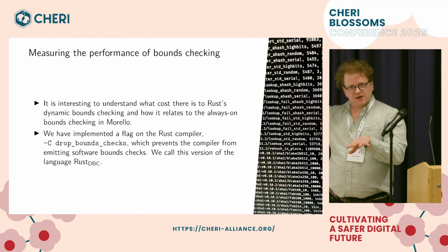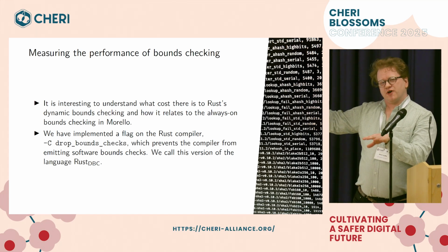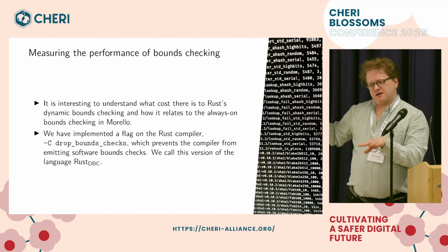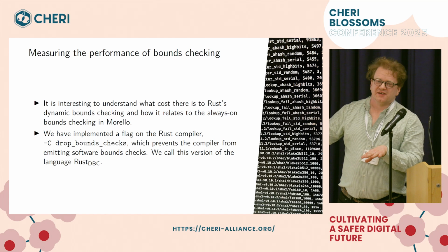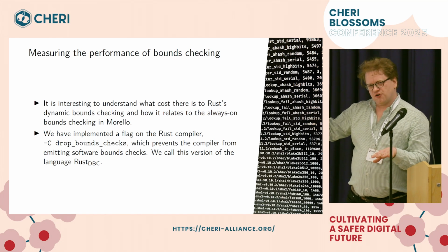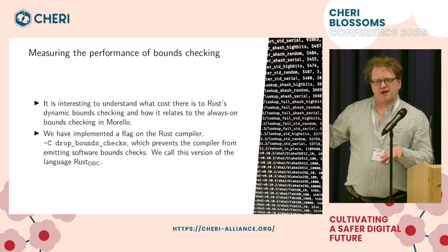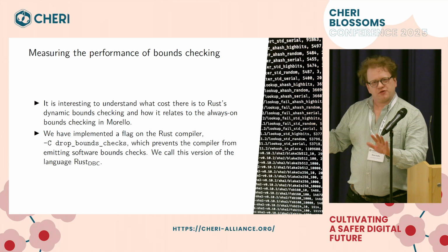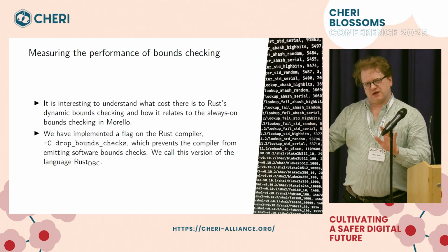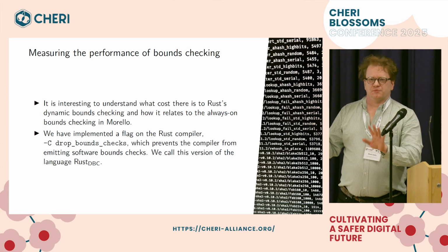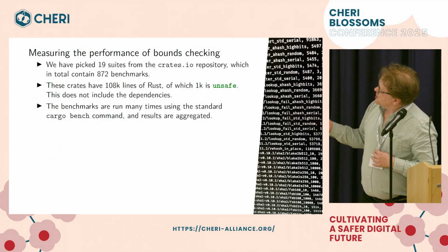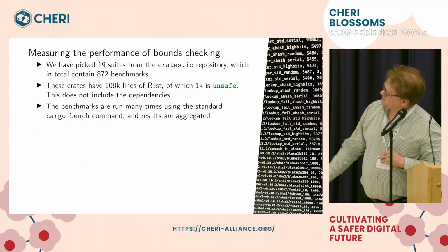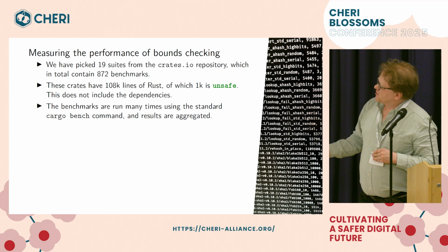There's a certain runtime cost implicit in Rust, where its memory safety checks are not entirely static. So we can turn off those runtime checks and see how the performance compares with pure capability. In fact, we did a fairly chunky spread of benchmarks.